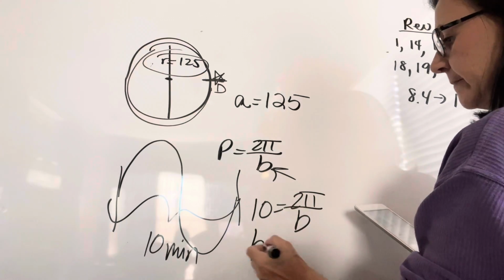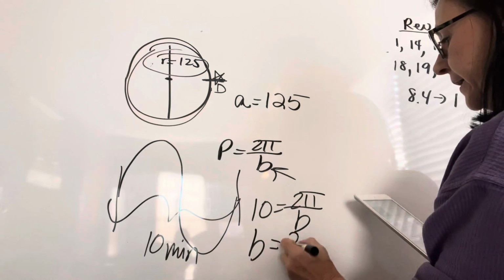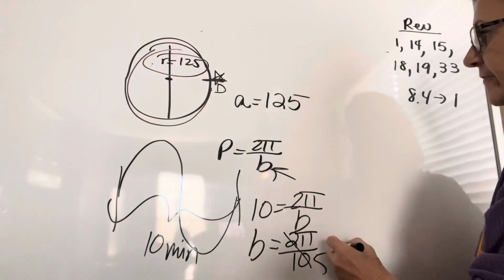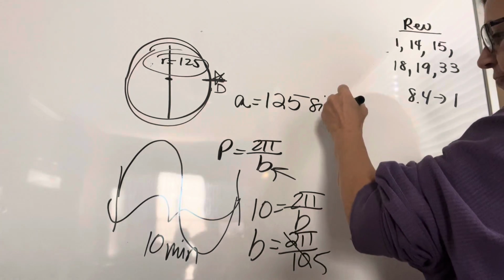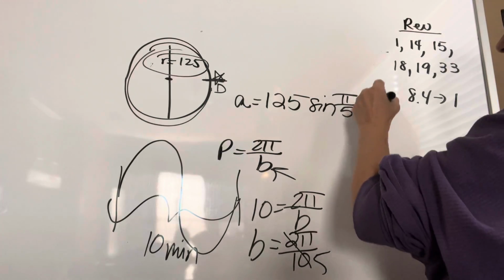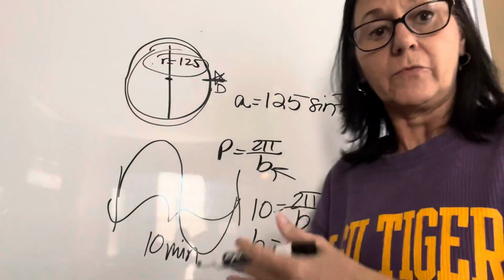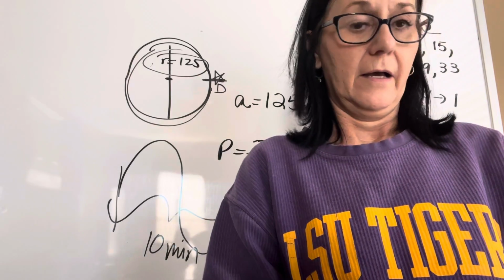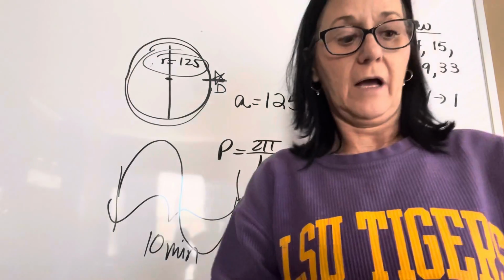Swap our extremes. b is 2 pi over 10, which is pi over 5. So it's 125 sine pi over 5t. It's not been shifted left or right. It's not been vertically shifted up or down.